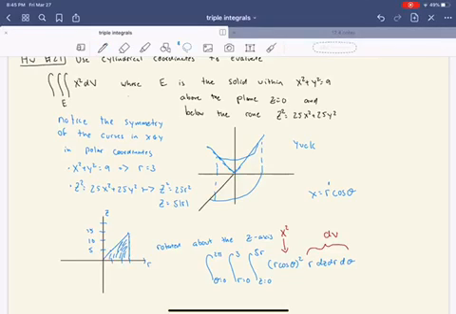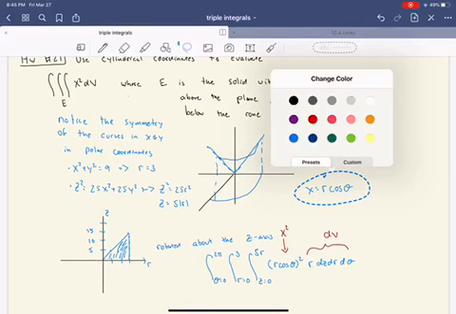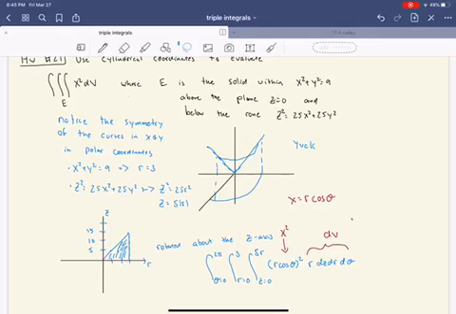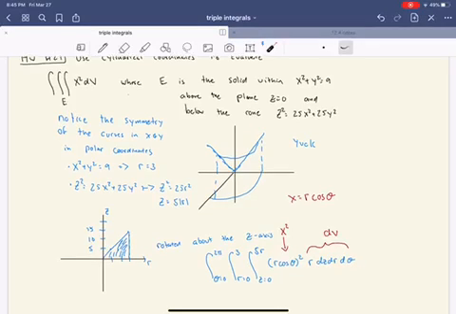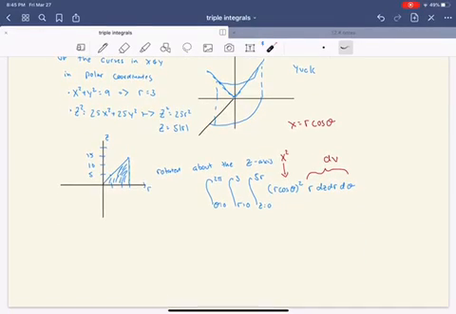So since x equals r cosine theta, our x squared equals r cosine theta squared. dv is r dz dr d theta. And then this is a pretty standard integral. I'll let you work through that integral on your own. All right, see you in the next video.